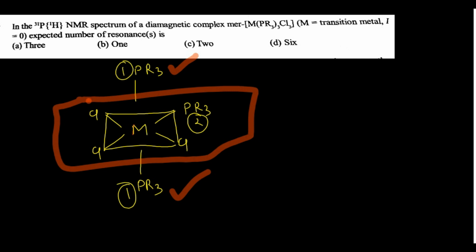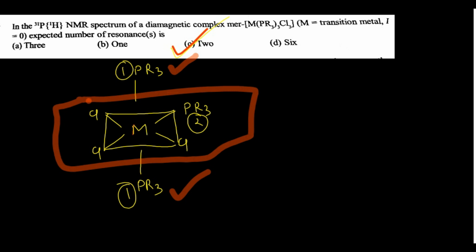When you have only two kinds of phosphorus, you will get two signals in the spectrum. So option C is the correct one, because two kinds of phosphorus are there. The question is not asking about the multiplicity or splitting pattern, it's simply asking the number of signals, which you have answered.